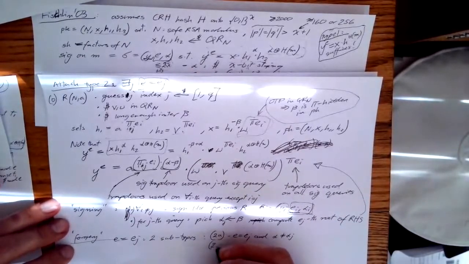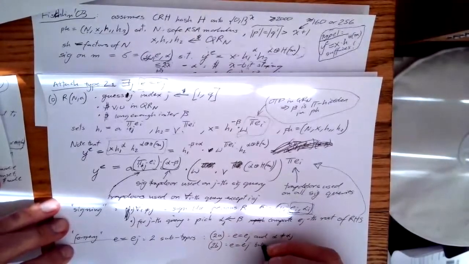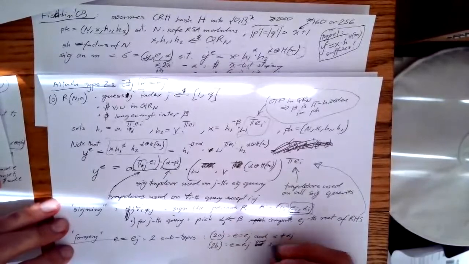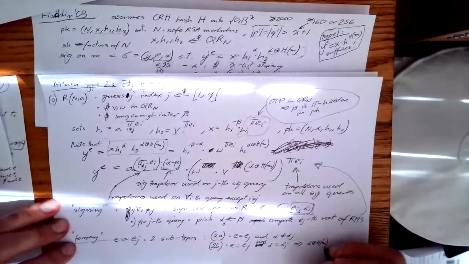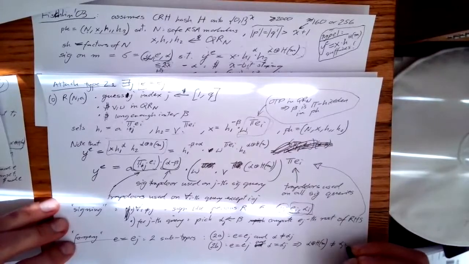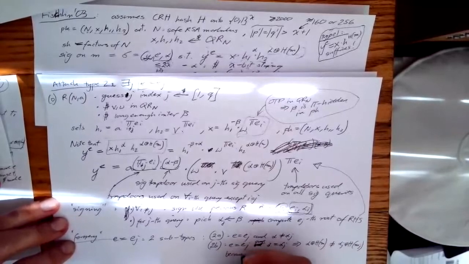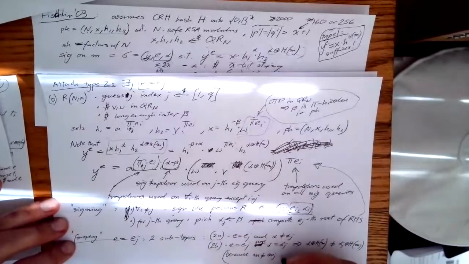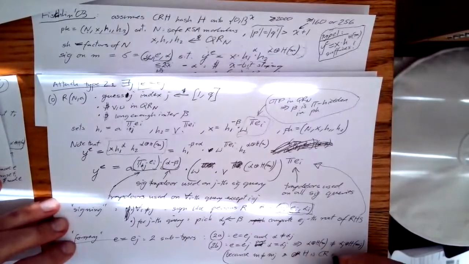The second type is E is EJ and alpha is alpha J, but that implies that alpha XOR hash of M is not equal to alpha J XOR hash of MJ, because M must be different from MJ, because it's the forgery, and H is CRH, a collision resistant hash.